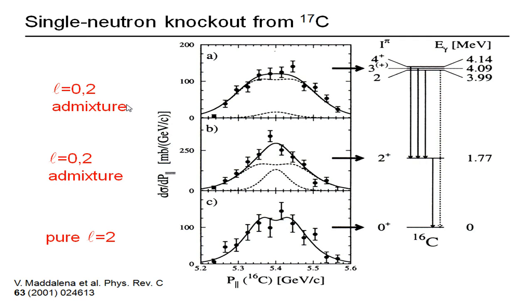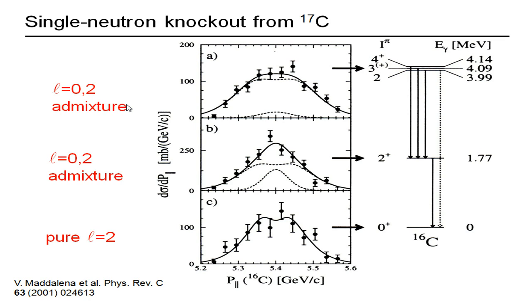Okay? And what we'll see in working through what we're going to do now is that these shapes are characteristic of the angular momentum of the state of the nucleon from which the particle was removed. Okay? So that shape there is what you would expect theoretically if the nucleon was in a d state. And so this one says it's mostly d state, but there's a little bit of s state. Okay, and this one says it's mostly d state, but there's a little bit of s state there.